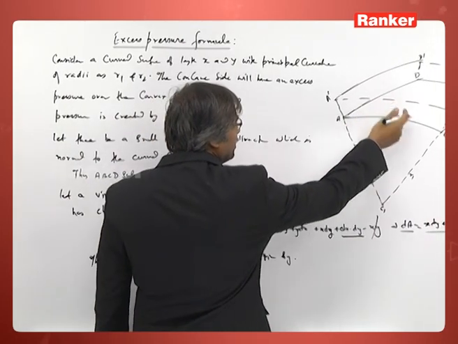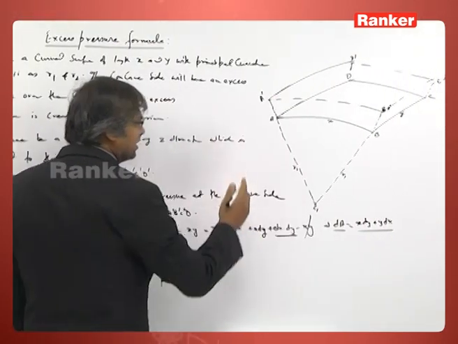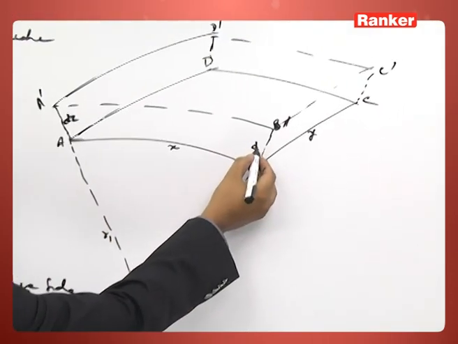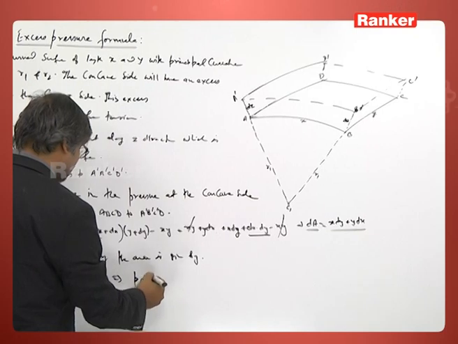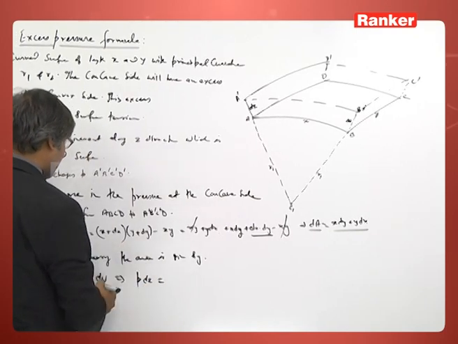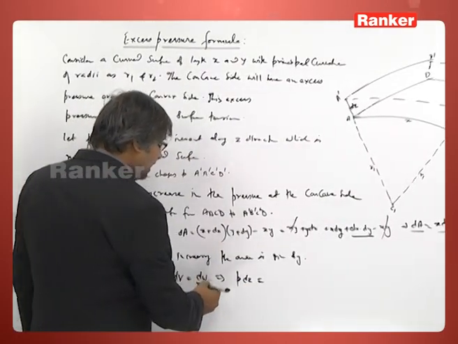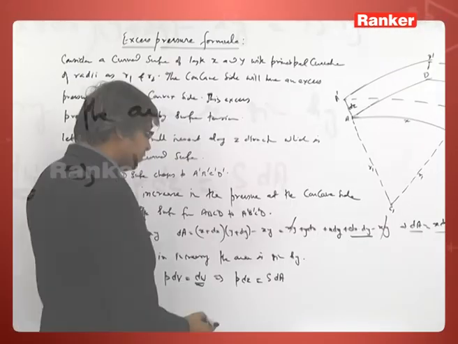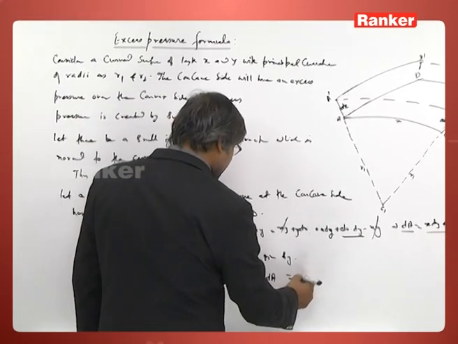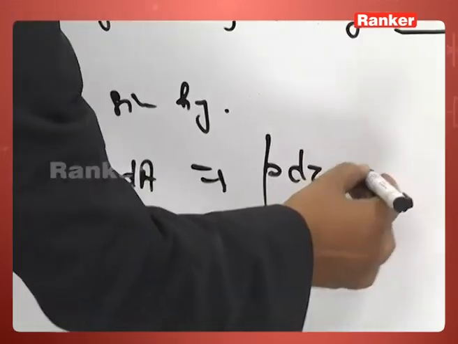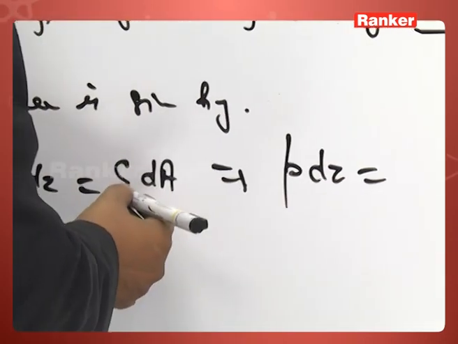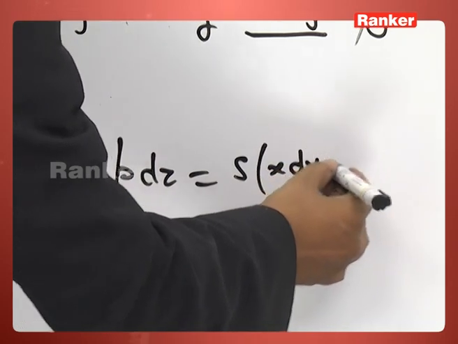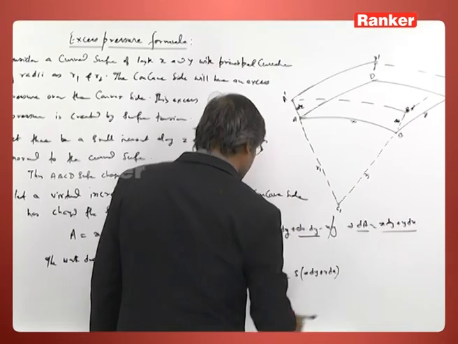Suppose in this direction it has increased by a distance dz. So, P into dz is equal to the work done, and that work done is equal to surface tension into area. That implies P dz is equal to S dA, and dA means x dy plus y dx.